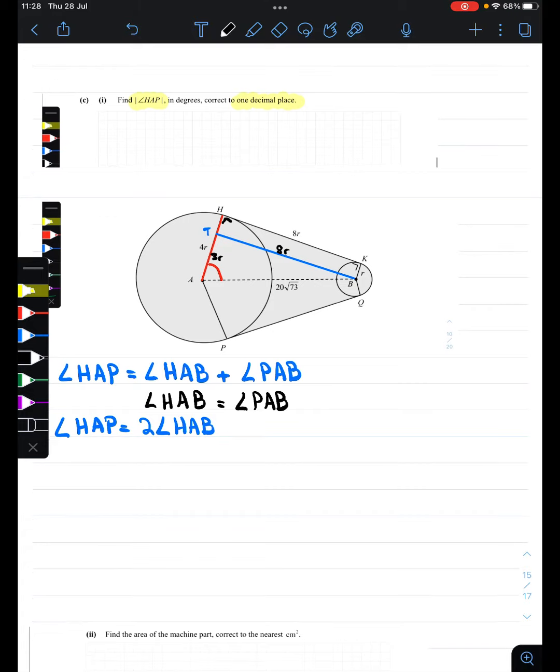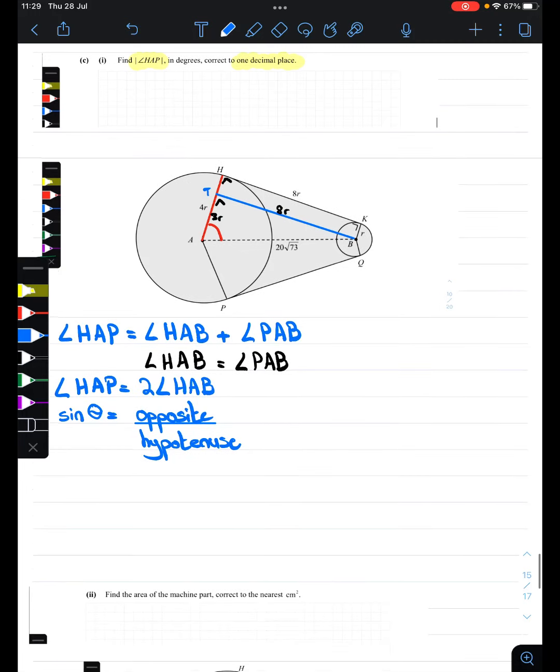All right, and it's a right angle, so we can just use our sine formula. So sine of an angle, let's say theta, is equal to the opposite over the hypotenuse.